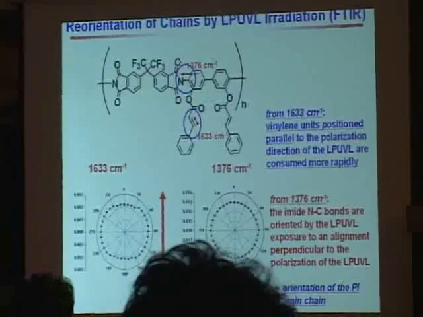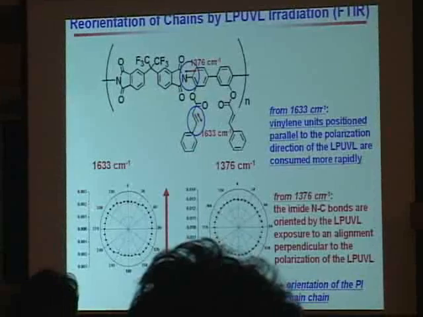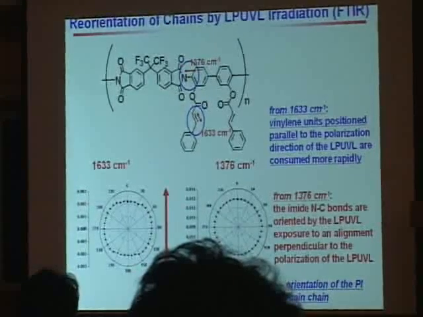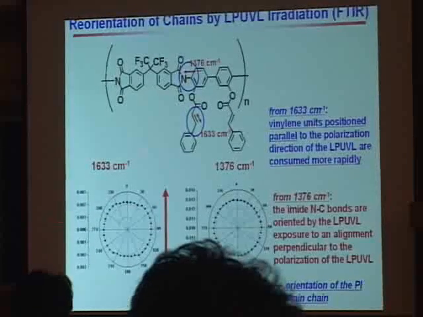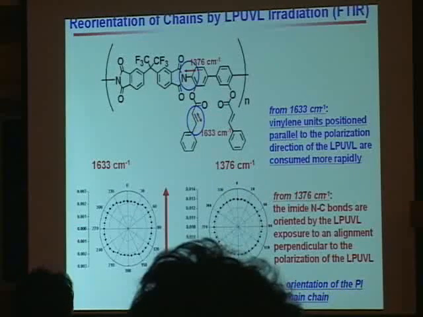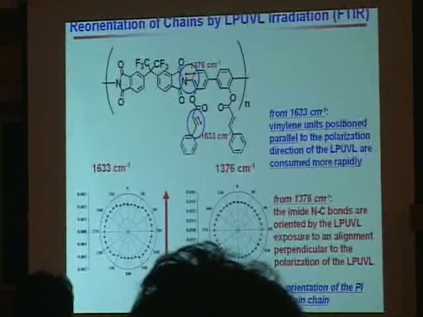As shown here, this absorption band aligns perpendicular to the polarization direction of the linearly polarized UV light. It means that in the parallel direction, this moiety is consumed more rapidly than the others.